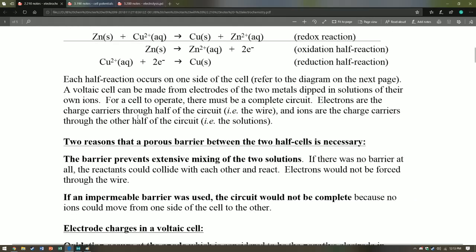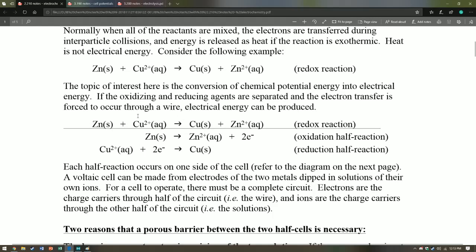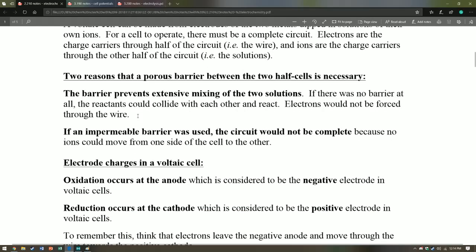However, this is not enough. You also need a semi-permeable membrane, or some way for ions to transfer between the two half cells, as we will call them later on, the two solutions. The reason is that if you don't have it, you will violate Kirchhoff's loop rule.